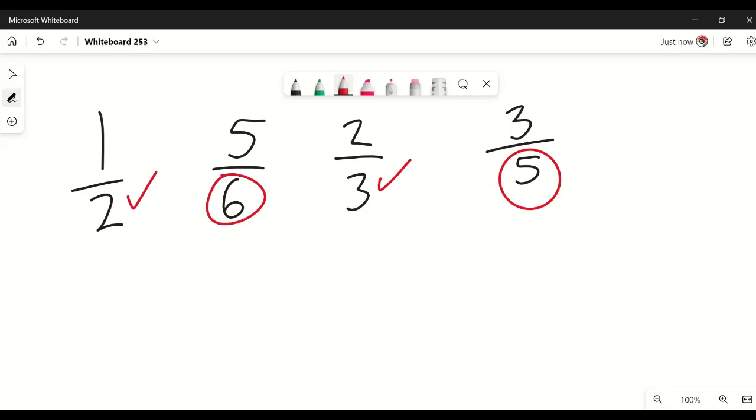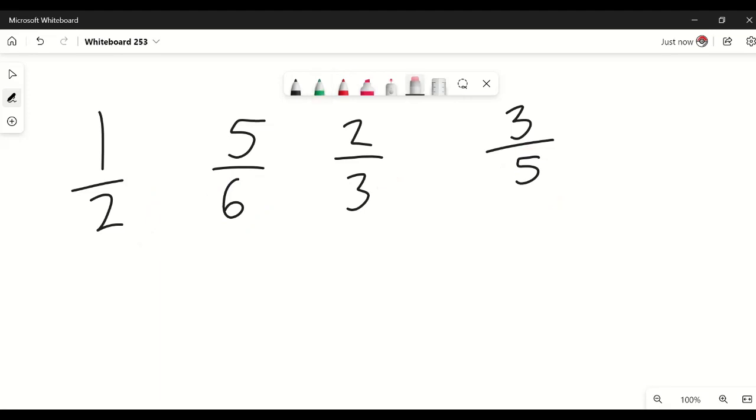Now, this may or may not be the smallest common or the least common multiple, but it is a common multiple, and that's all that matters. If all of the denominators can go into a certain number, you're going to have equivalent fractions that you can compare. Therefore, I'm going to turn every single one of these denominators into 30.